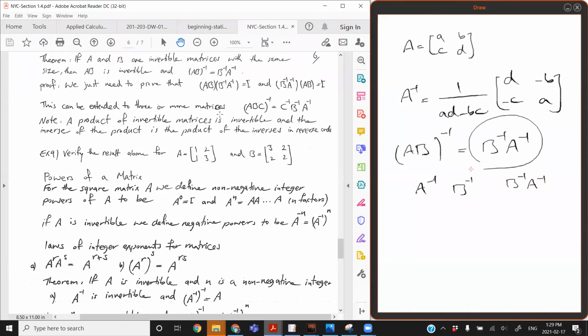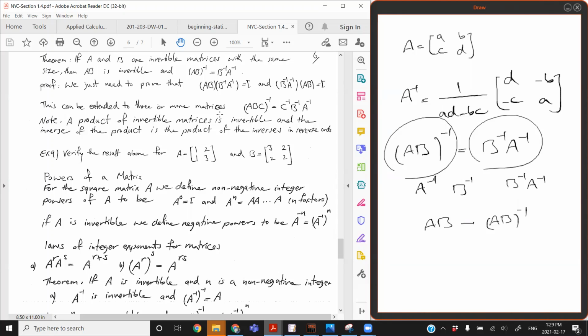So you have found the right side of the equation. Then I want you to find AB, the product, and then from AB, using the formula up here, find the inverse of AB. That is, find the left side of the equation and then compare them. You're supposed to get the same thing.